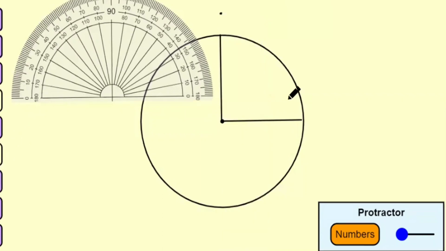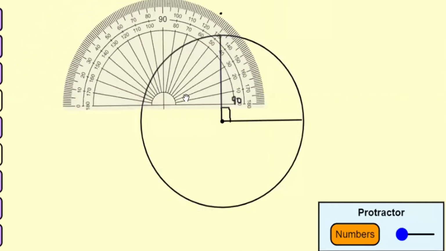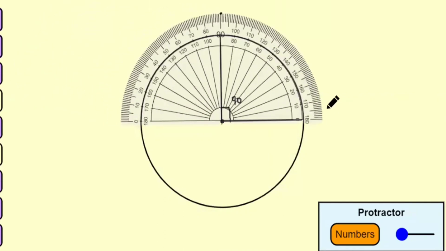The first angle we have represented is the 90 degrees. Let us go with the next one. The next angle we got is 60. So let us measure that 60.